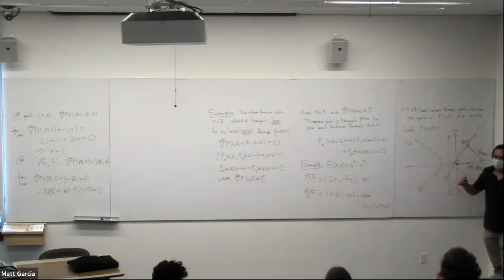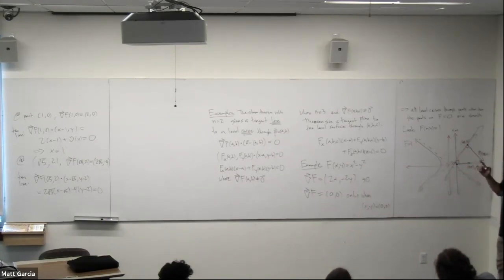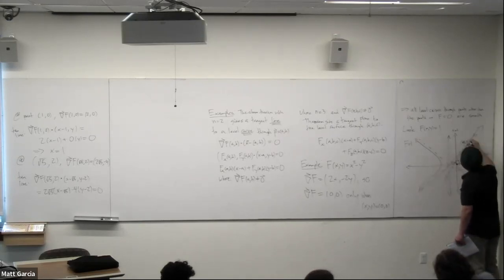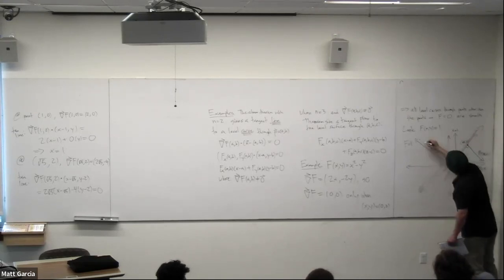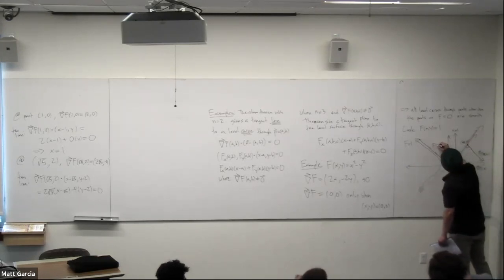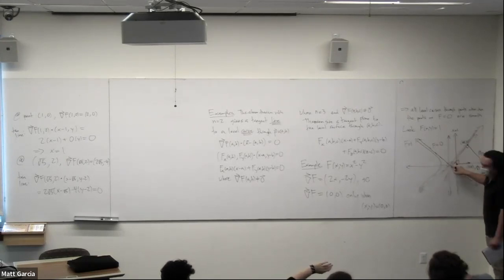What does that level set look like? When you set x squared minus y squared equal to 0, what do we get? Yeah, we just get the pair of asymptotes. This is f equals 0. So it's no coincidence that when we have the gradient equal 0, we get this non-smooth behavior, this crossing here.